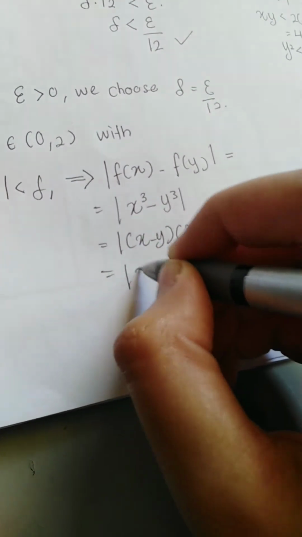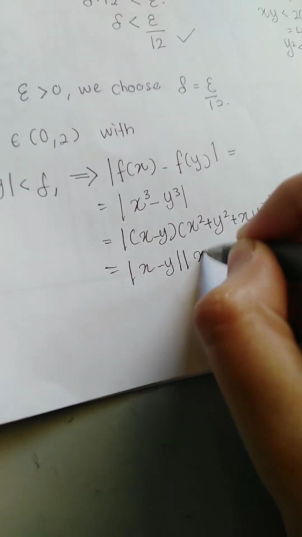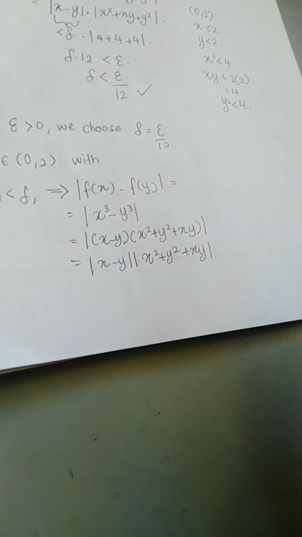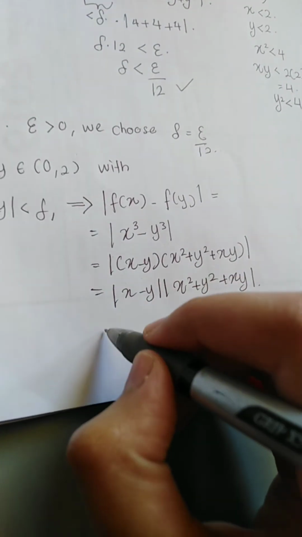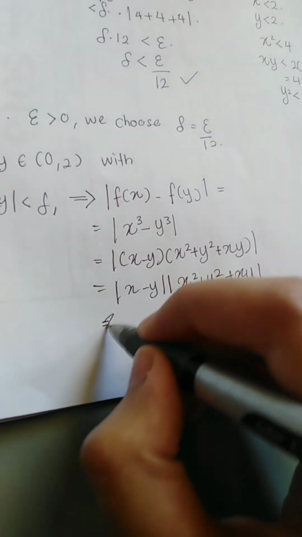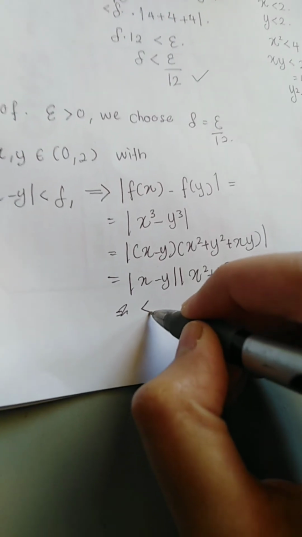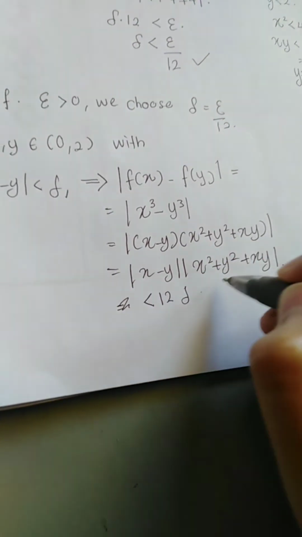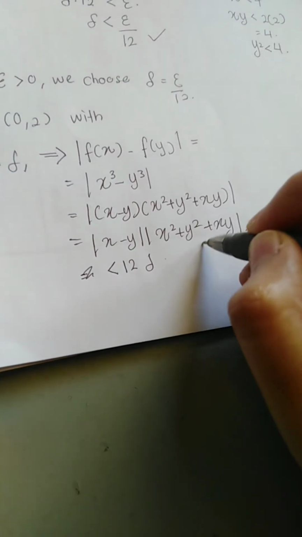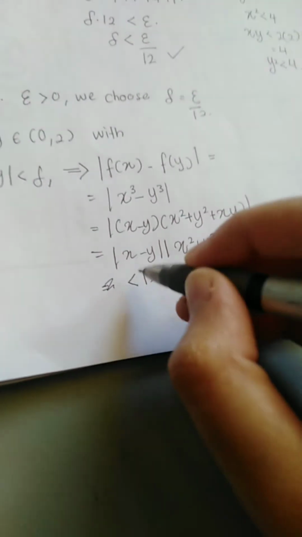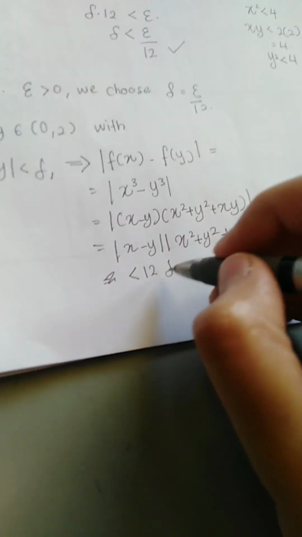So we split it: the absolute value of x minus y times the absolute value of x squared plus y squared plus xy. Then the first factor, x minus y, is less than delta, and the second is less than 4 plus 4 plus 4, which is 12.